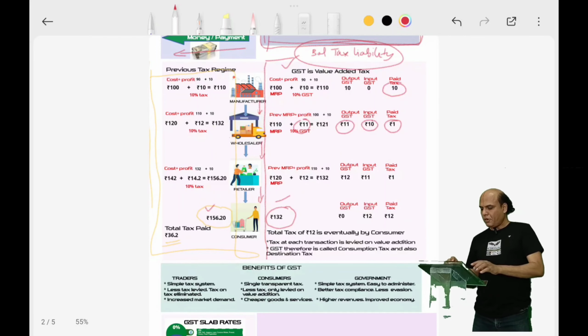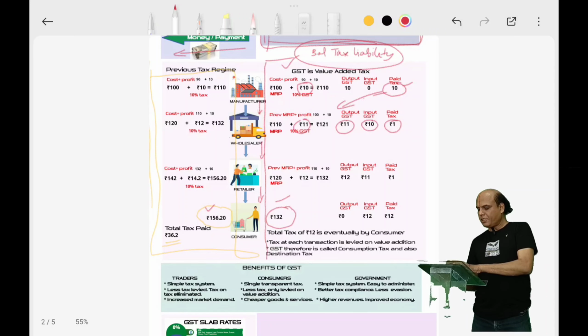So although it appears that the manufacturer has paid 10 rupees to the government, he got 10 rupees from the wholesaler. So whatever 10 rupees he has paid, the wholesaler has paid actually. He didn't pay anything.